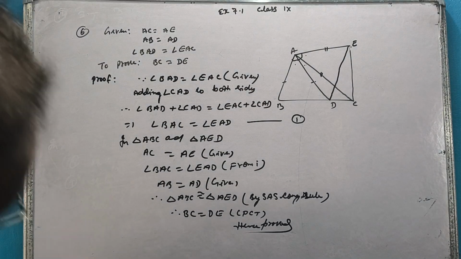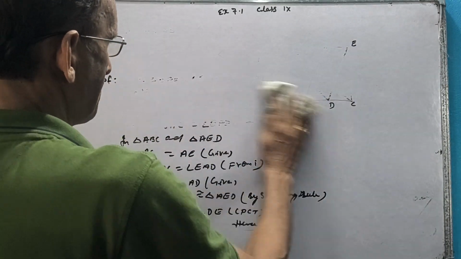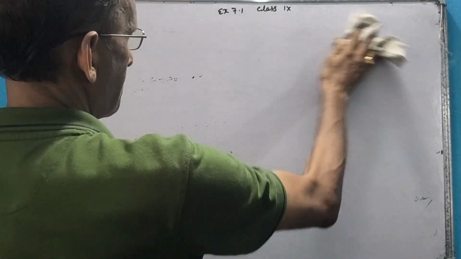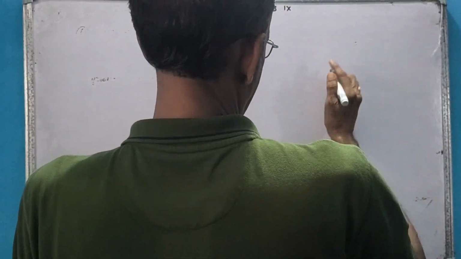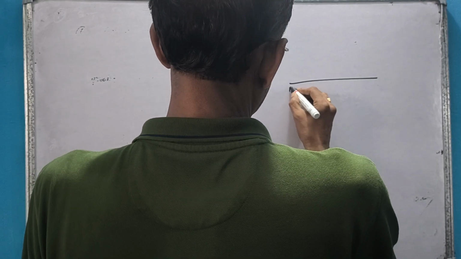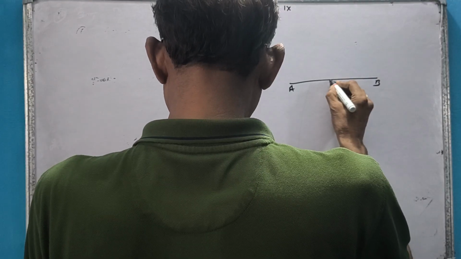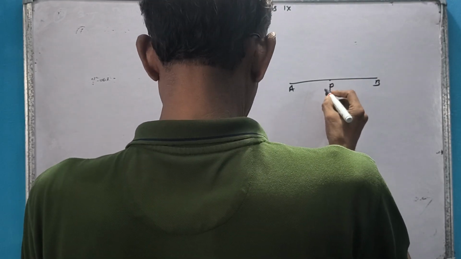Now we will go to number 7. Question number 7. Again a diagram is given. There is a line AB having P as the point, P as the midpoint actually.